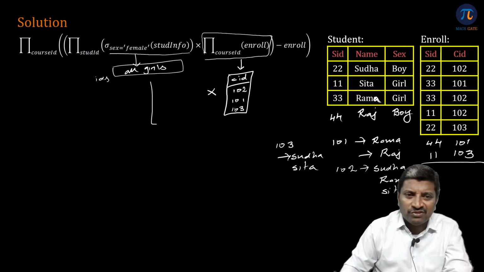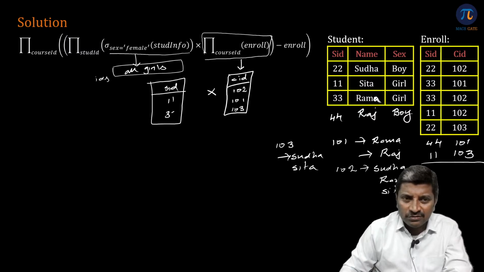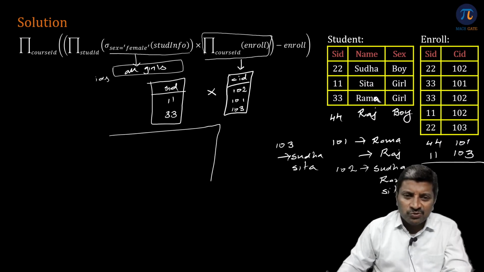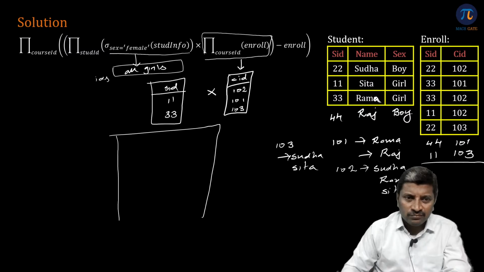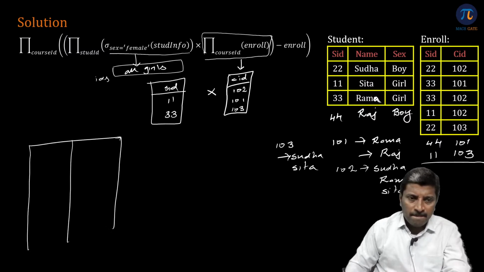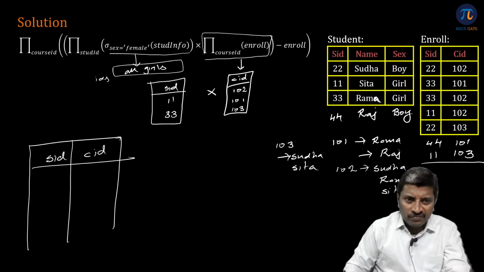So what are the IDs of the girls? Sita, Rama, right? SID 11, 33. Fine. So the cross product of these two. What is the cross product of these two? Okay, let me write it here. SID, CID.